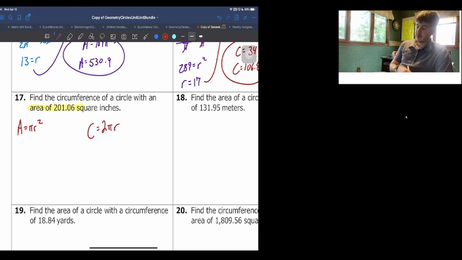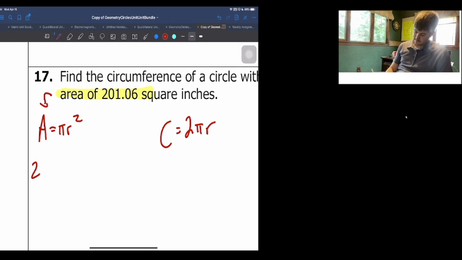So I'm going to use 201.06 for the area. I'm going to make that substitution in for A. Equals pi r squared.